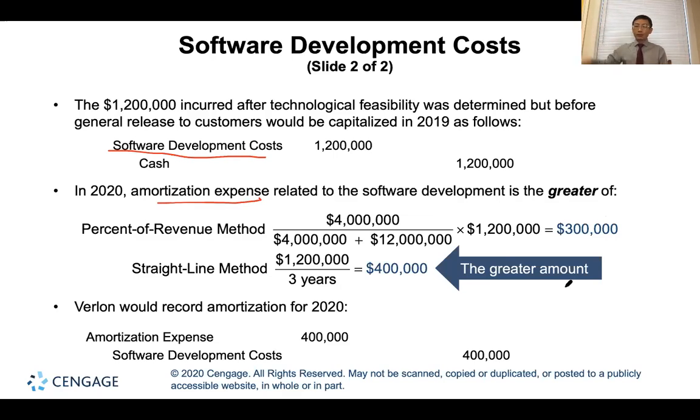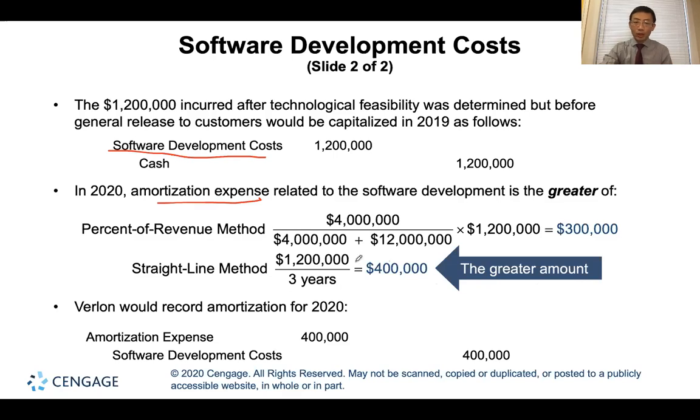Volatility usually means risk. Psychologically, if a company's earnings are very volatile, this year $1 billion, next year negative $1 billion, that's crazy, right? So the accounting treatment wants to avoid this kind of thing. So they try to use the option with greater expenses and smaller revenues.